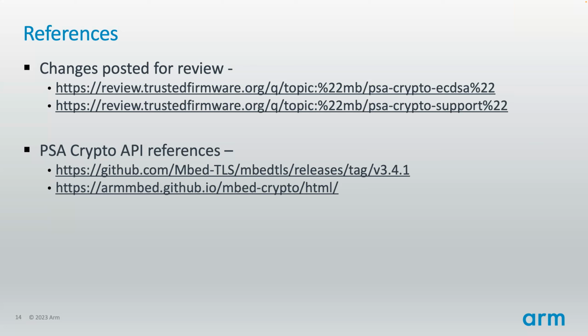Okay, thank you. It's worth mentioning also that we've raised this with the Mbed TLS team, and they have plans to provide some variant of these APIs to accept a DER encoded ECDSA key, so that we don't have to do that on the TF-A side.